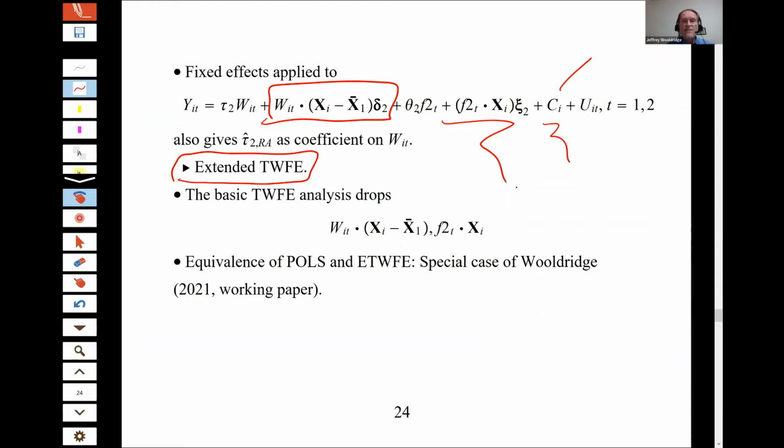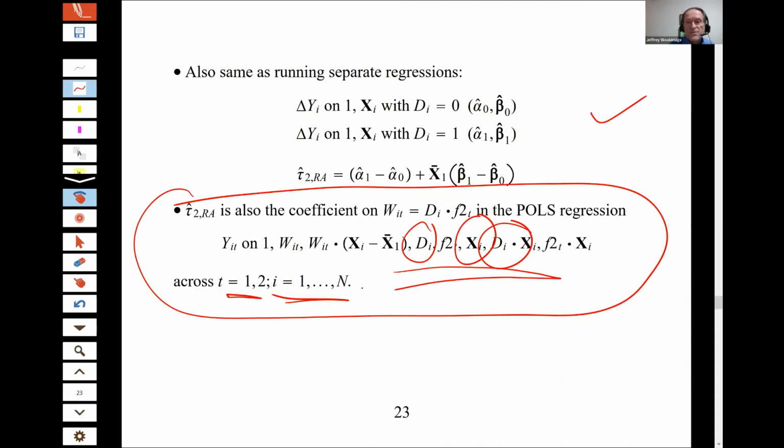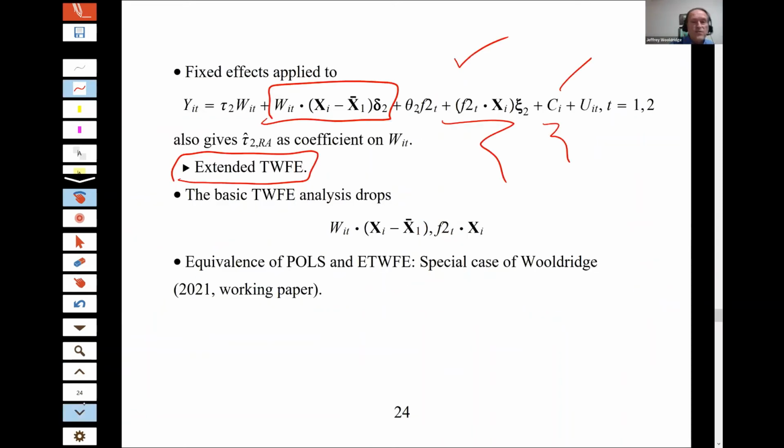Other than doing non-parametric regression, I really don't know what one would do here. You either do it this way or you do it this way with this full set of interactions, and they are numerically equivalent. If you go to my shared Dropbox, which I'll share with you at some point for anybody who's interested, I have a bunch of Stata demonstrations that show how all these estimators are in fact exactly the same. And that follows from my work there.